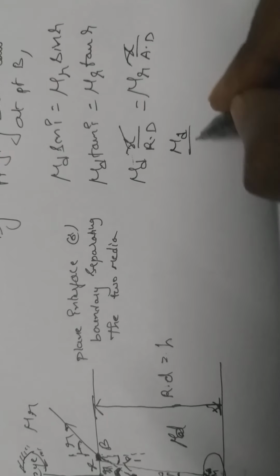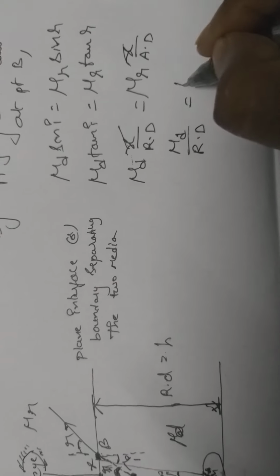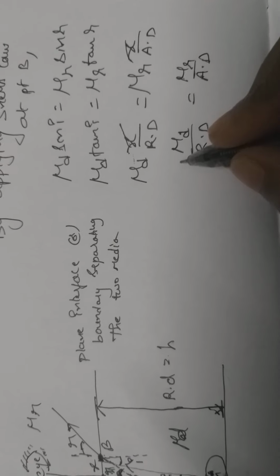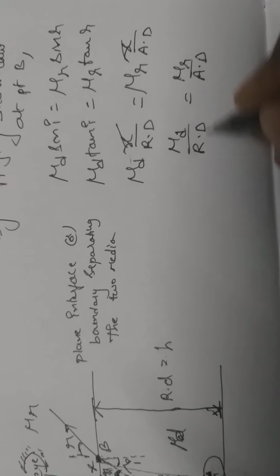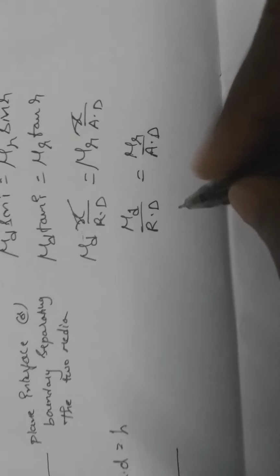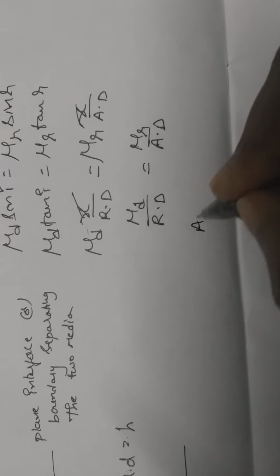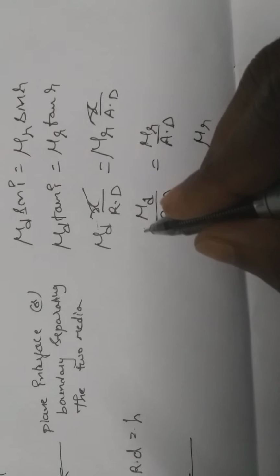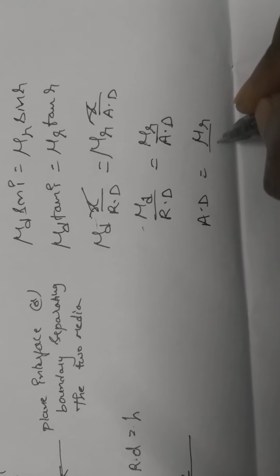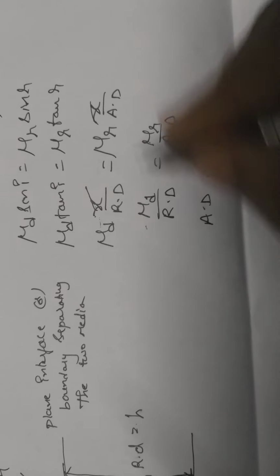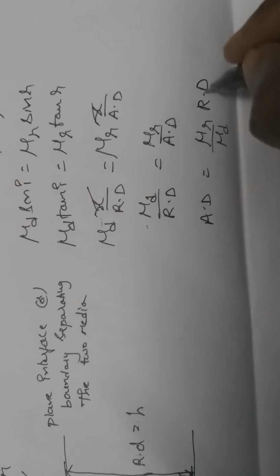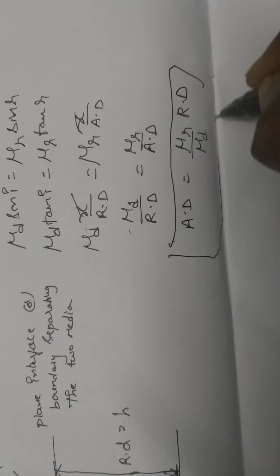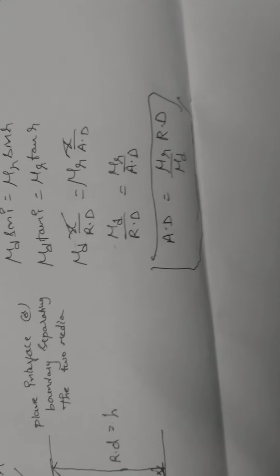We have to find apparent depth. So apparent depth we can take to this side, and these two terms to that side. Then apparent depth is equal to mu r by mu d into real depth.